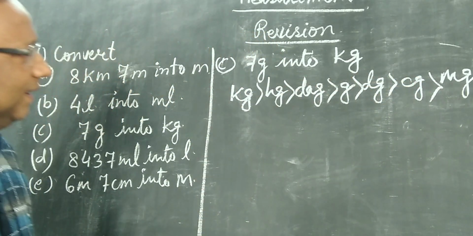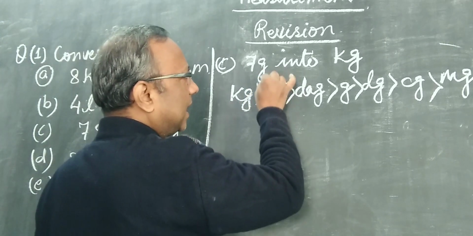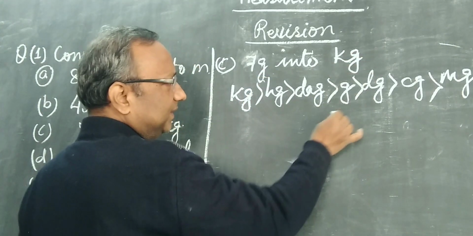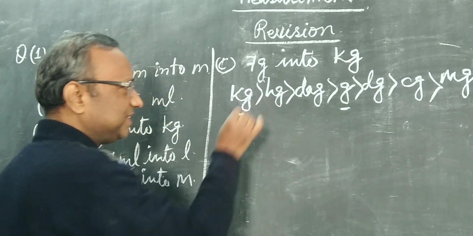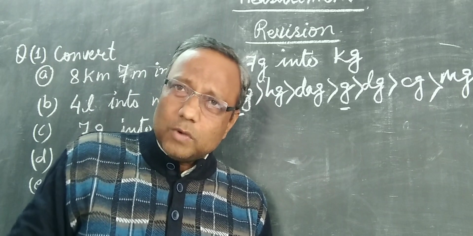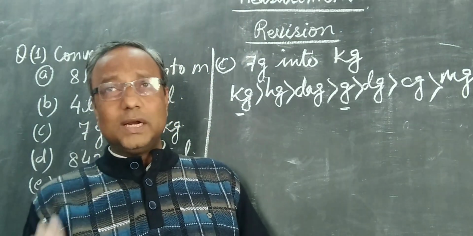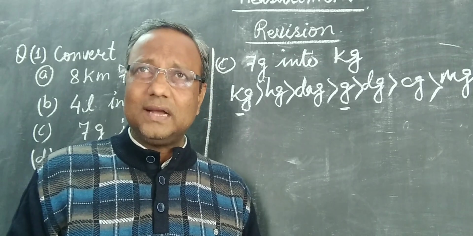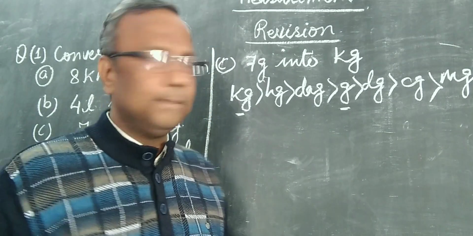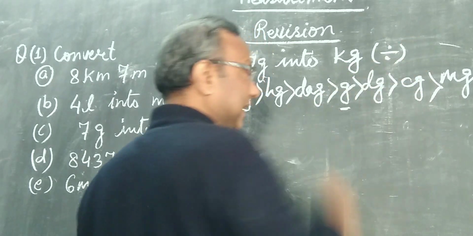Now see, now we have to convert the gram into kilogram. The gram is here, kilogram is here. It means we have to go from a smaller unit to a greater unit. So whenever we have to convert the smaller into greater, there will be division. So we will put the symbol here, division. We have to divide.